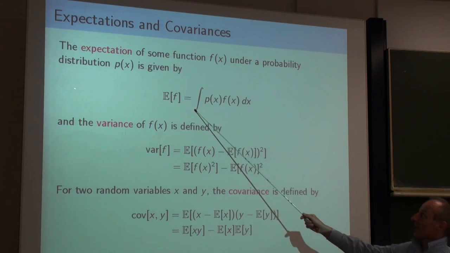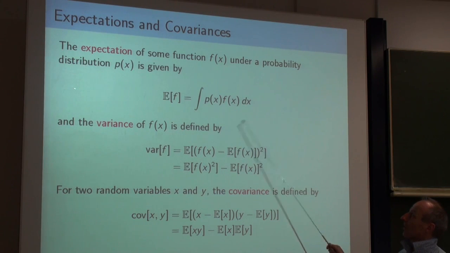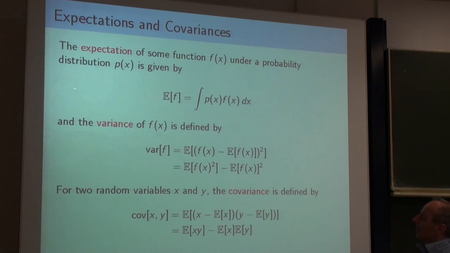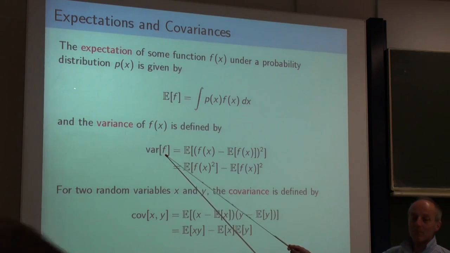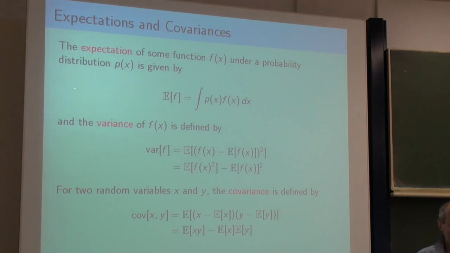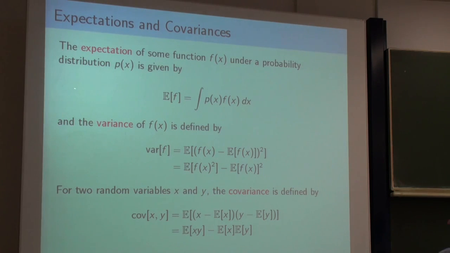It's the integral over the density times our function over the variable x. And here we have the definition of the variance of some function of x, not the variance of x, but some function of x. We have seen examples right before. One function of our variable is the mean, for example.